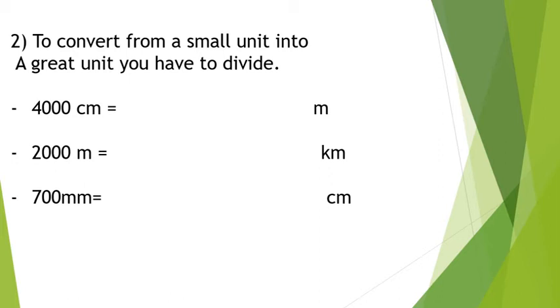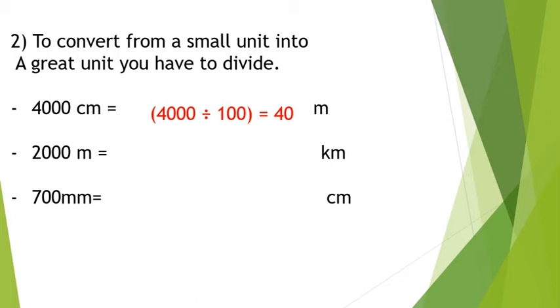To convert from small unit into great unit, you have to divide. 4000 centimeters equal how many meters? To convert from centimeter into meter, you have to divide by 100, right? Then 4000 centimeters equal 40 meters. 2000 meters equal how many kilometers?